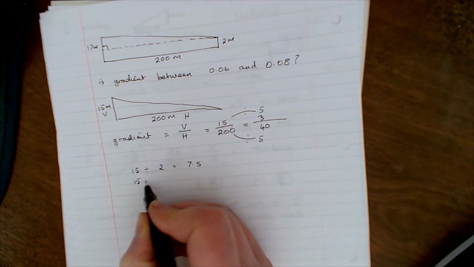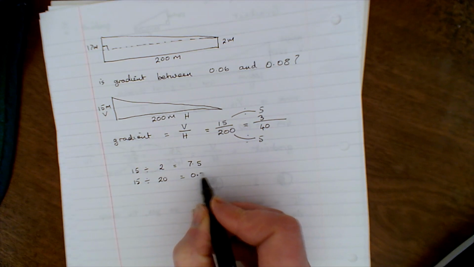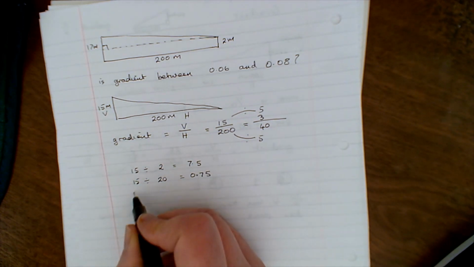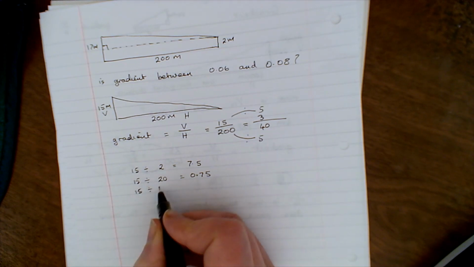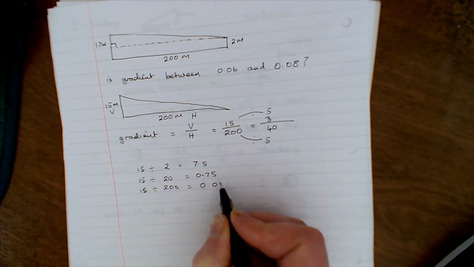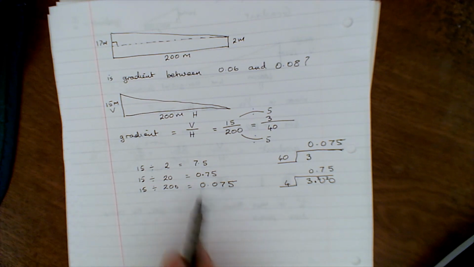So 15 divided by 20 would equal 0.75. It's going to be one place lower. 15 divided by 200 will be 0.075. So that's probably how I would be inclined to do it. Whatever. The answer is 0.075.